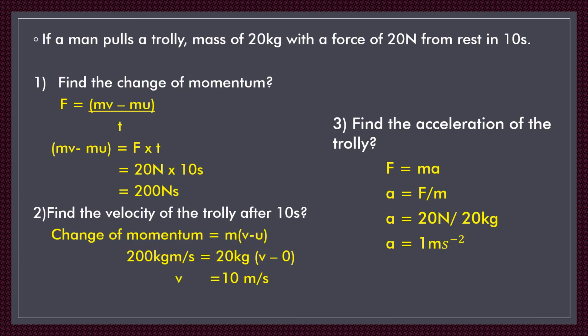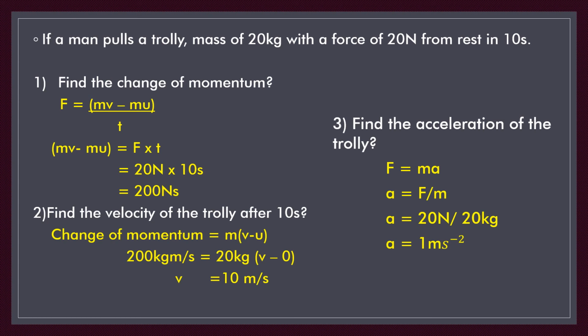Now let's see how the relationship between momentum, acceleration and force is applied in problems. If a man pulls a trolley of mass 20 kilograms with a force of 20 newtons from rest for 10 seconds, find the change in momentum. In order to solve this problem, we can apply the equation: force equals the change in momentum over t, which is the time taken.